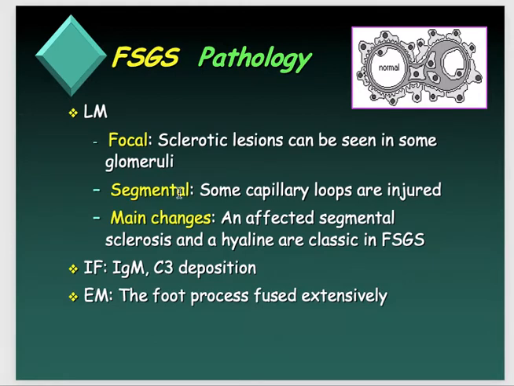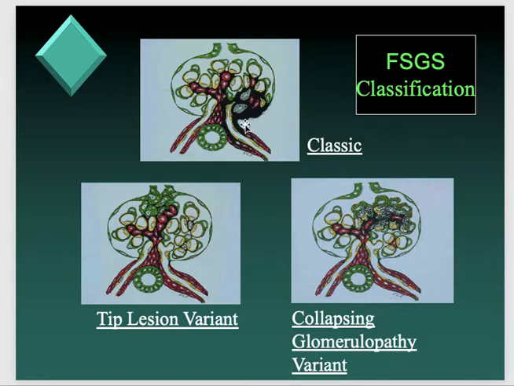So again, the pathology, the name shows focal segmental sclerosis is there. Okay, so you can see over here, this is the classic focal segmental glomerulosclerosis. See, focal and just a few of the segments are involved. So they have different variants. A collapsing glomerulopathy or tip lesion is there.